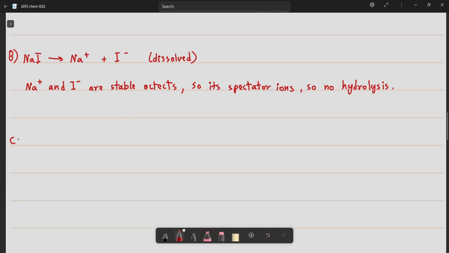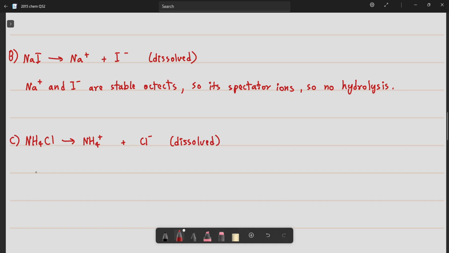Okay, so now option C, which is ammonium chloride (NH₄Cl). This will dissolve in water to form ammonium ion plus chloride ion. This is dissolved.